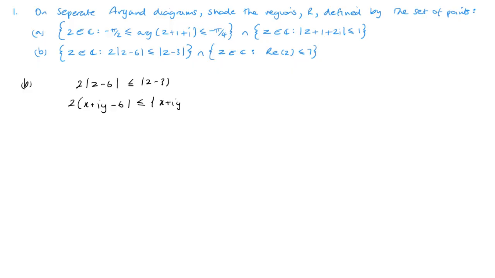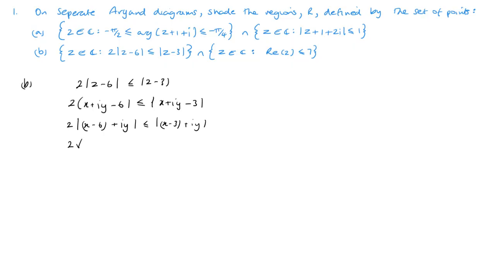x plus iy minus 3. So that's 2x minus 6 plus iy. And this is x minus 3 plus iy.